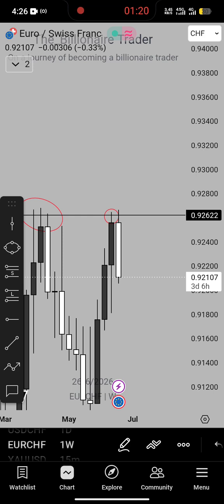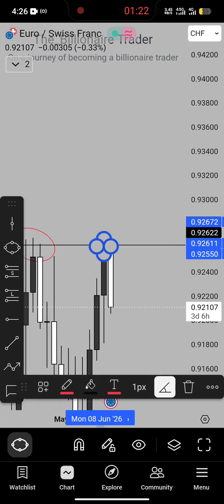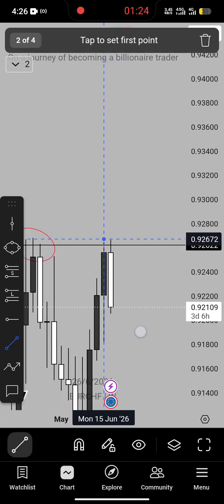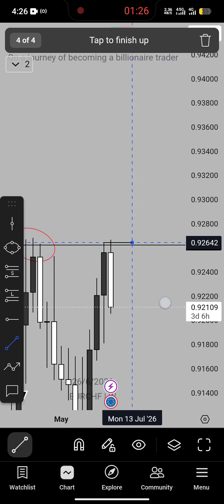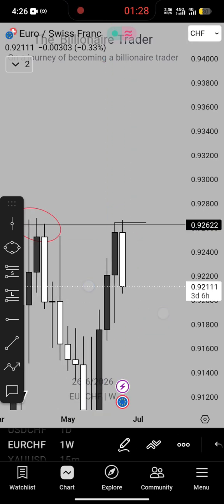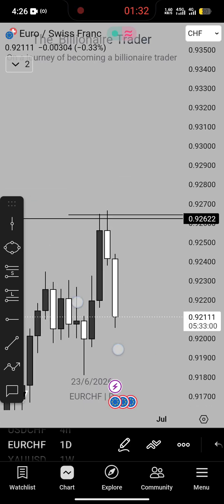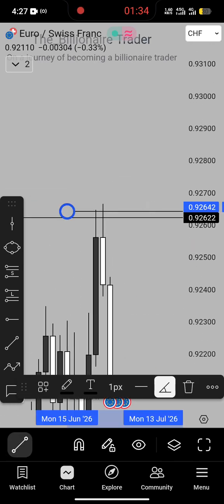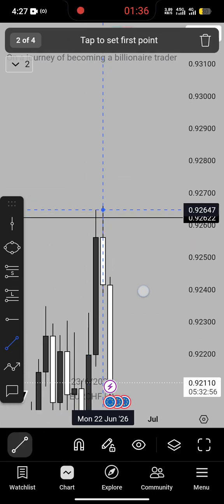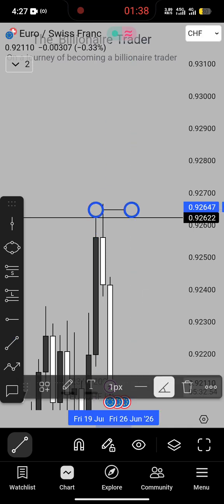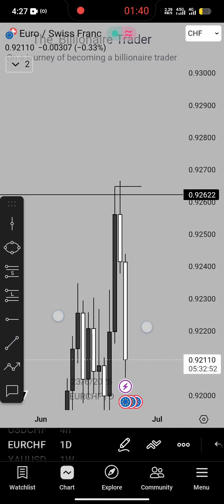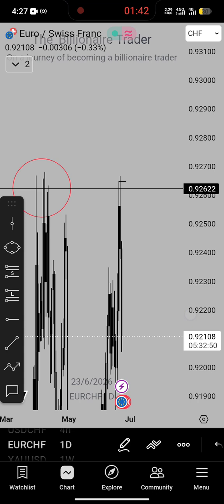So this week price actually went to that high and swept that weekly high, giving us sweep of previous week high. Coming down to daily time frame, price also swept this high, giving us sweep of previous week and day high. After that sweep, don't forget it is still from that key level as well.